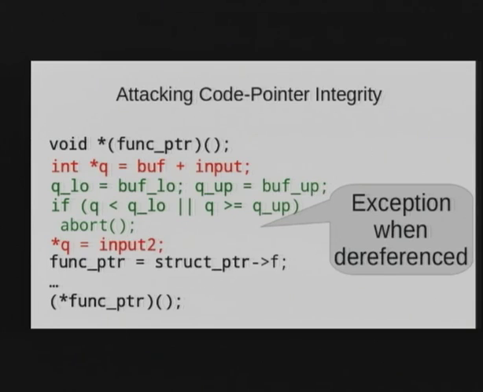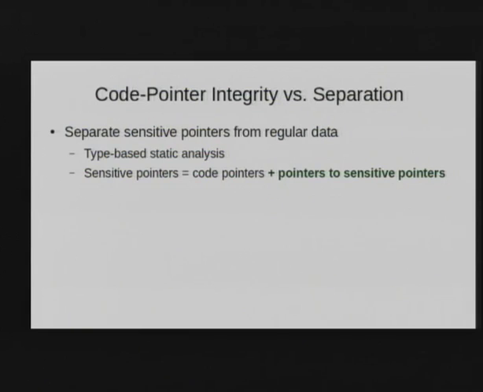So to make the difference between code pointer integrity and code pointer separation explicit, let me quickly highlight the main difference. Both systems separate sensitive pointers from regular data and push all the sensitive data to a safe memory area. Both of them rely on a type-based static analysis, but the set of sensitive pointers is defined differently. For code pointer integrity, it is code pointers and all pointers to sensitive pointers.